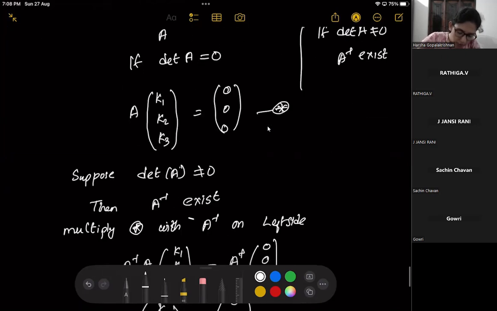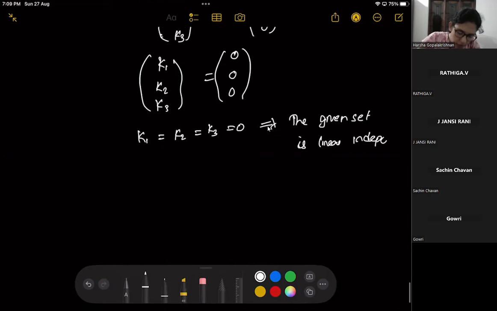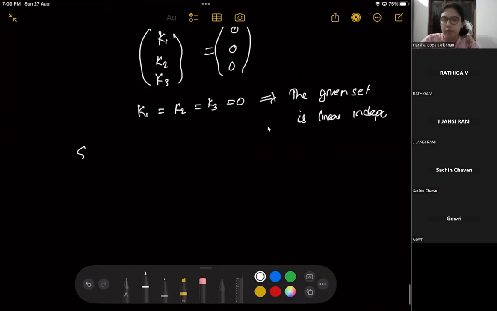So what we can say is determinant of A should equal to 0. And now what is the matrix A?